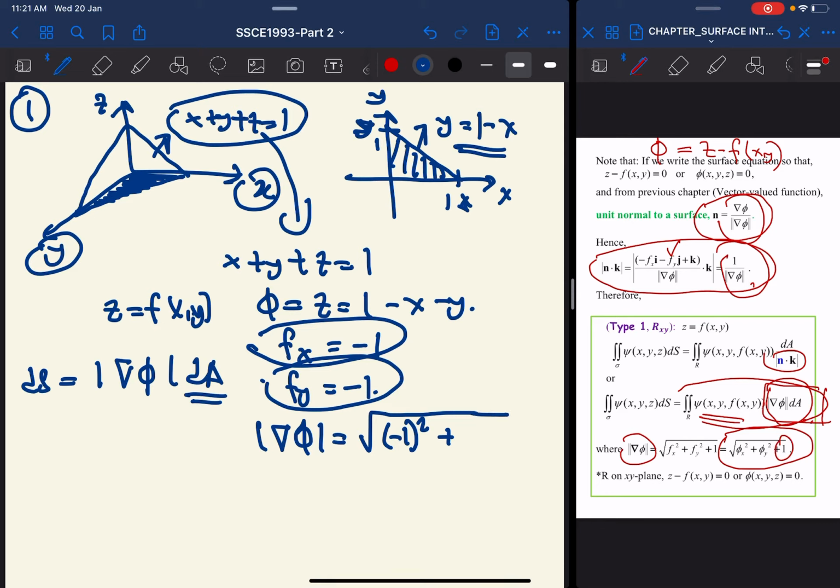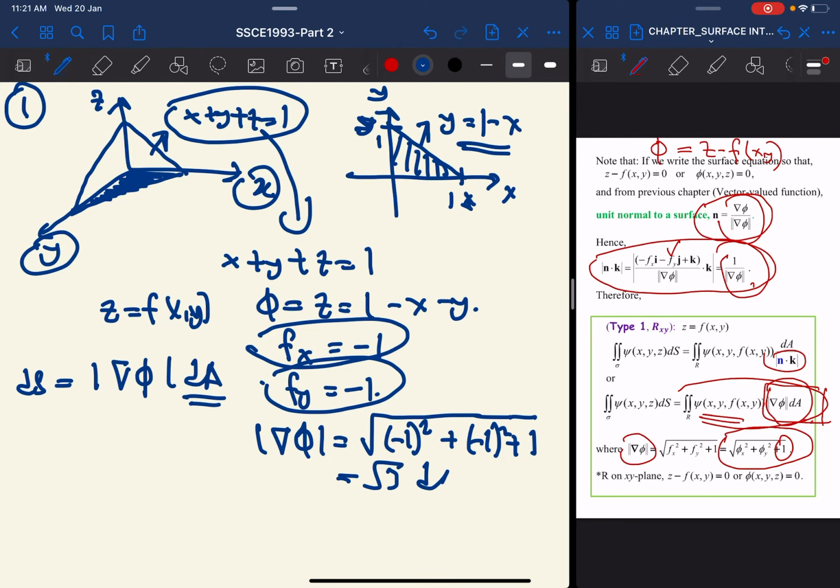So don't forget, it should be (-1) squared plus (-1) squared plus 1. Eventually you will get square root 3 dA.